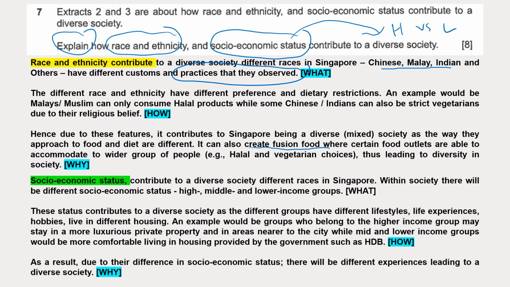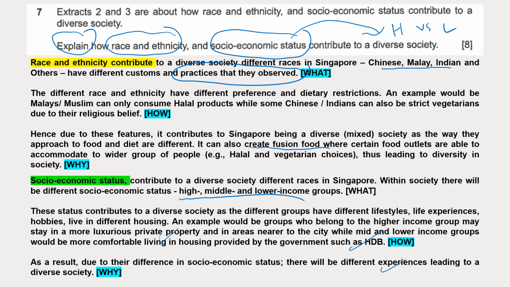Now, socioeconomic status, obviously, there are all these groups of people, and because of them, even the spaces where they live, for example, some may be living in private property, some may be living in HDB. Because of where they live, they will have different experiences. That means different ways of life, different lifestyles, different friends.